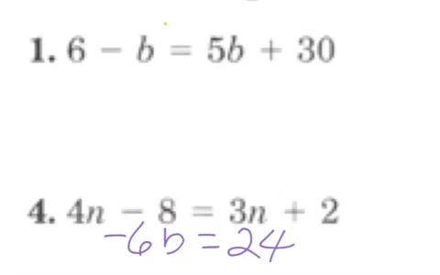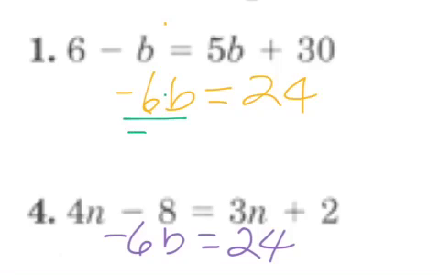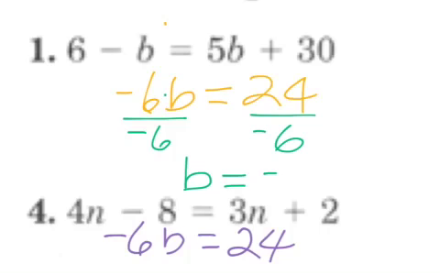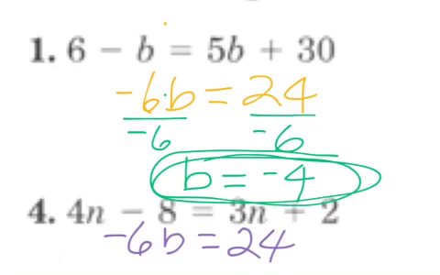So this is now saying negative 6 times b is equal to 24. In order to undo that 6 times b, I need to divide by negative 6 on both sides. My b is equal to negative 4. You can always pause and rewind these things to watch a step again.